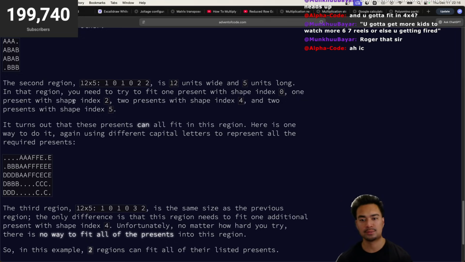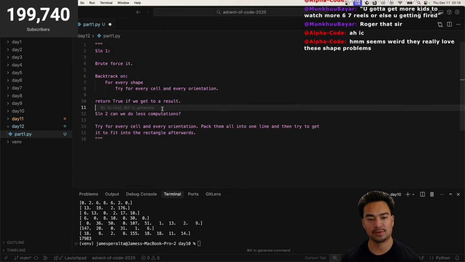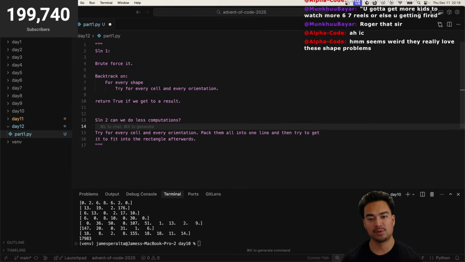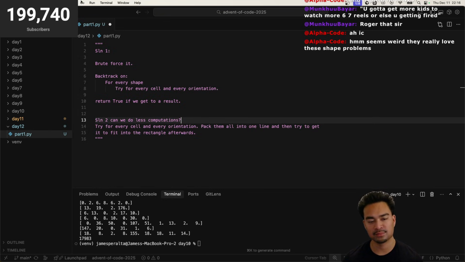Try to fit one present. Yeah, it's so weird. So my initial brute force, if you had unlimited time, you could literally just brute force it, backtrack it for every shape, try for every cell and every orientation.